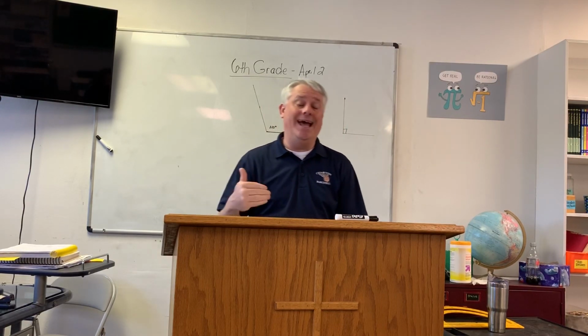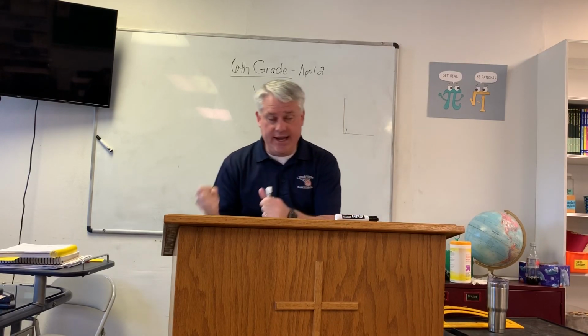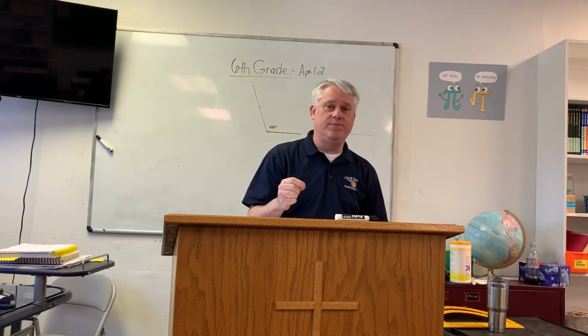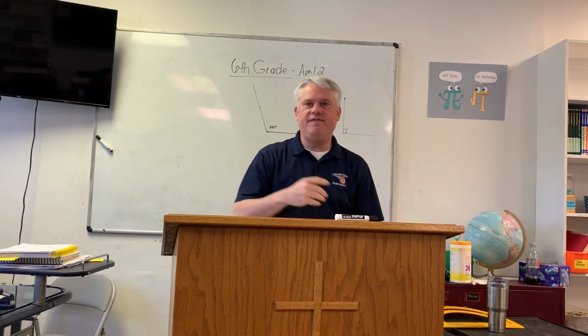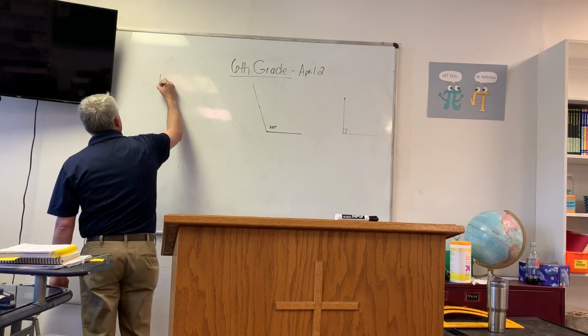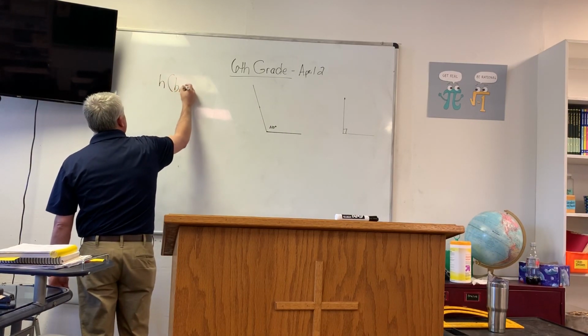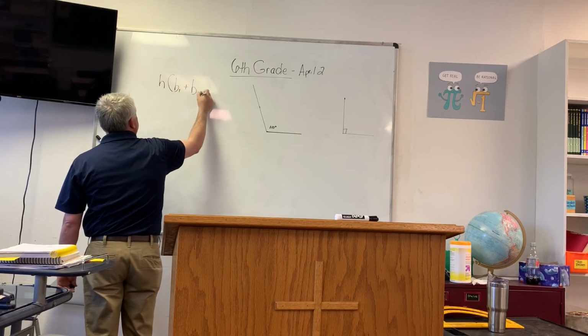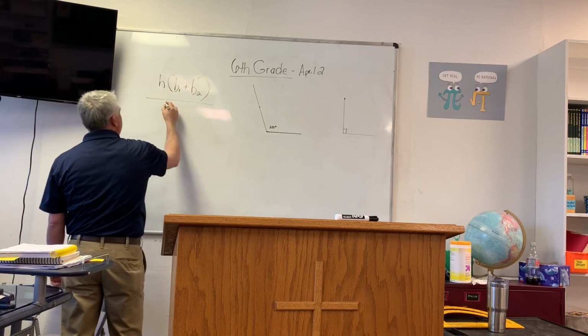According to the order of operations, remember, we need to do what? We got to add what's in parentheses first. So we're going to add base 1 and base 2 together before we multiply. Now the second thing I would like to point out to you for that one is that fraction bar. So we have the height times B sub 1 plus B sub 2 over 2.